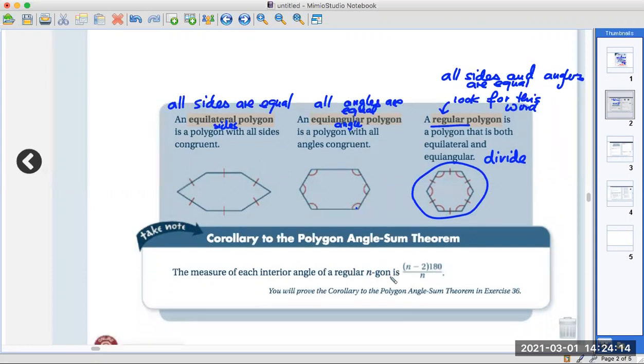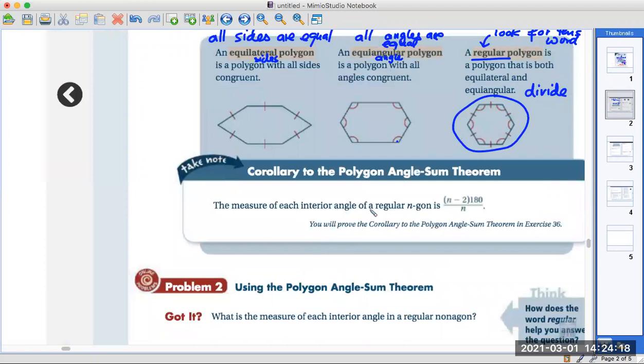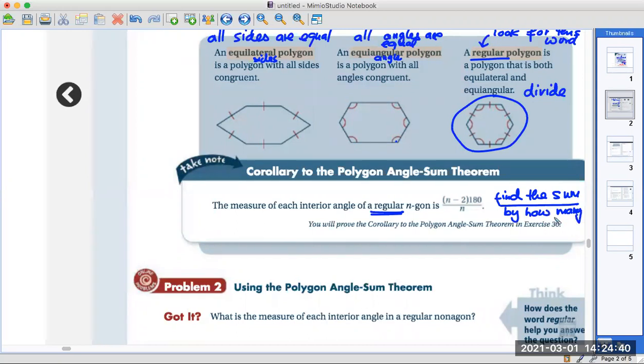So if this formula here is confusing to you, I can imagine. The measure of each interior angle of a regular n-gon. Notice regular, many-sided figure. You find the sum. This is what's happening here. Find the sum first, and then you divide by how many sides. And I'll write that out here again.